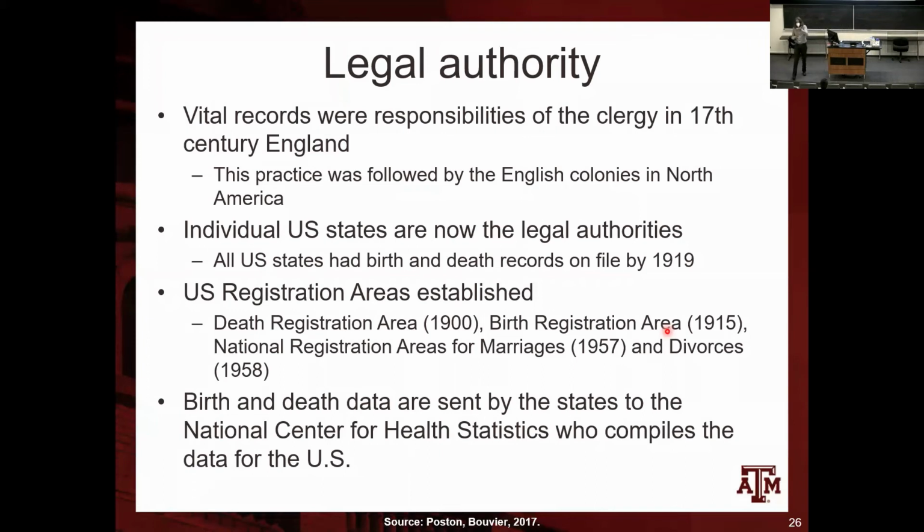Then the hospital sends it to the county agency, and then they send it to the state, and afterwards the state sends it to the national registration area. So birth and death data are sent by the states to the National Center for Health Statistics, which compiles data for the whole US, okay?